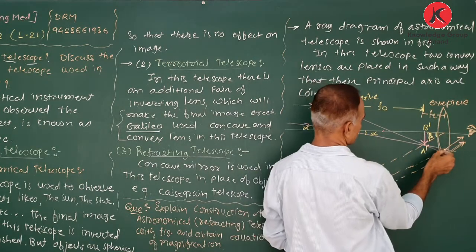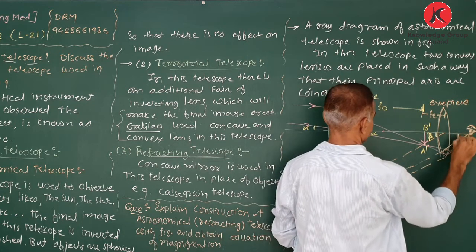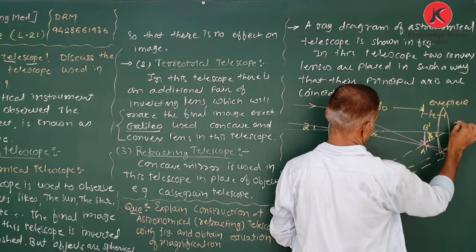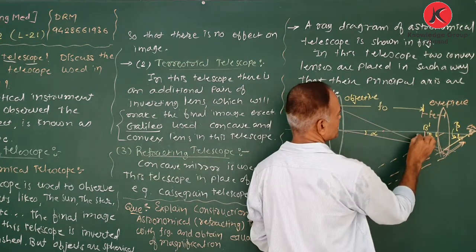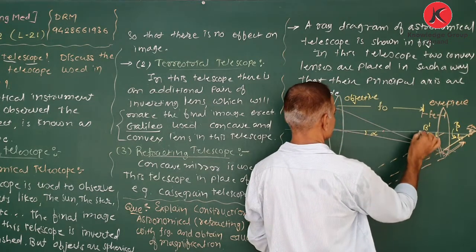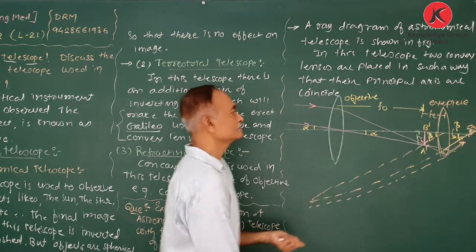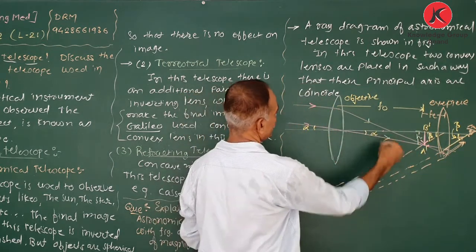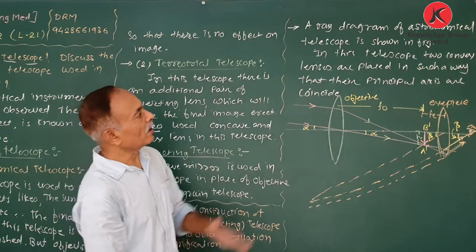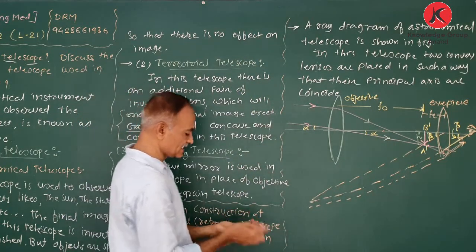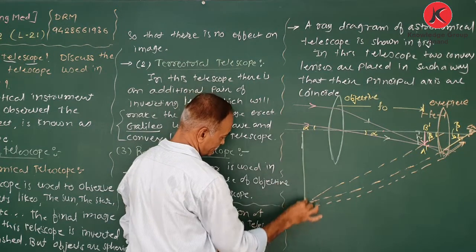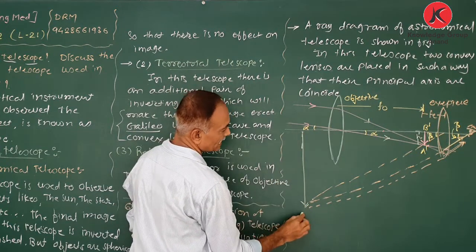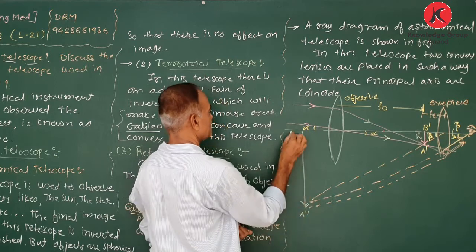So this angle subtended is also beta. Now, this is the height of the image, that is h. Again, the ray diagram of the astronomical telescope is shown in the figure. That is A double dash, B double dash.